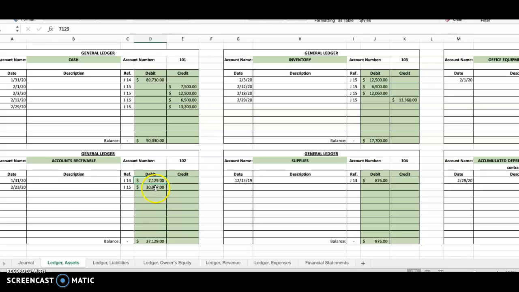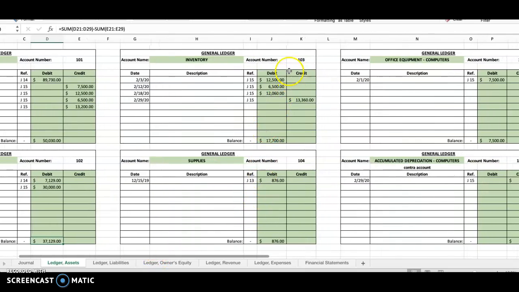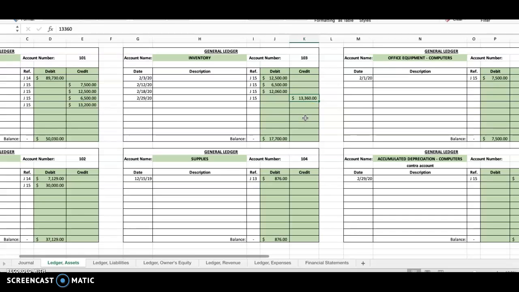They owed us some money, and then we have more accounts receivable during February, and then you see the balance. Inventory, we bought inventory 3 different times, and then at the end of the month we had the entry that credited inventory, the cost of goods sold entry, which leaves us with a balance in inventory of $17,700.